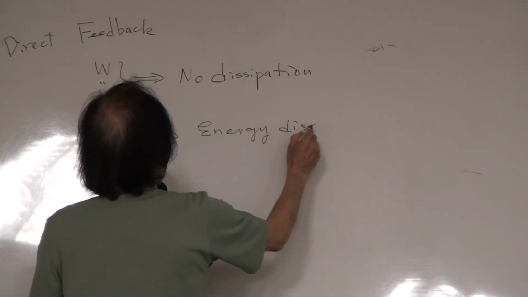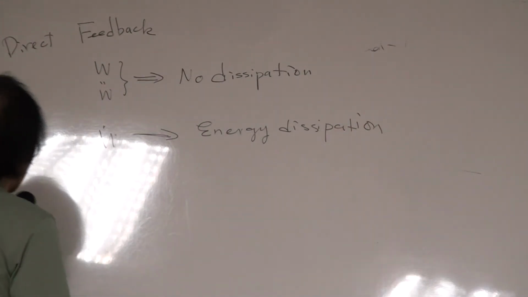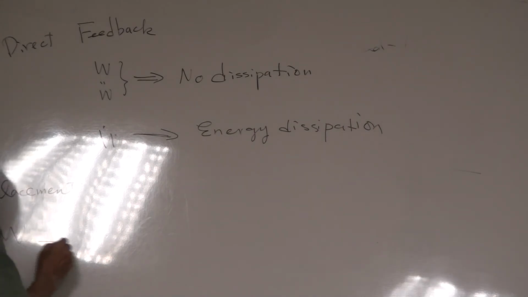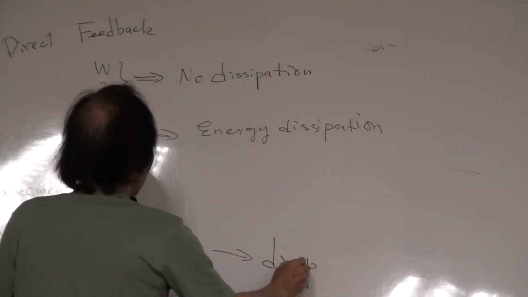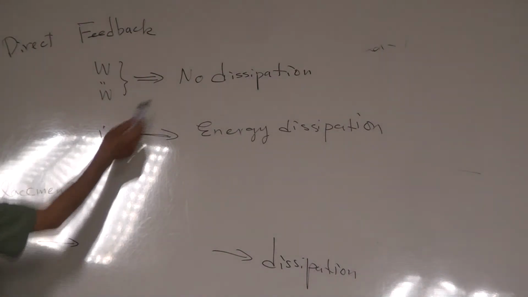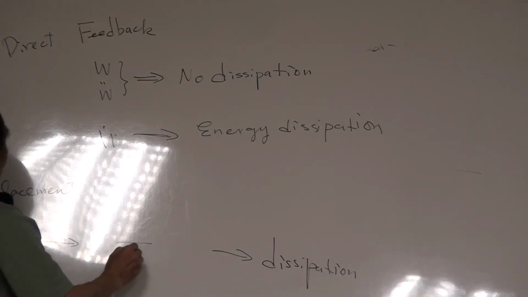All right. Now, if I have a device with only w, the displacement device, what can I do so that I can have dissipation? With w, there's no energy dissipation. But I have only w. I give you only w. What can you do?